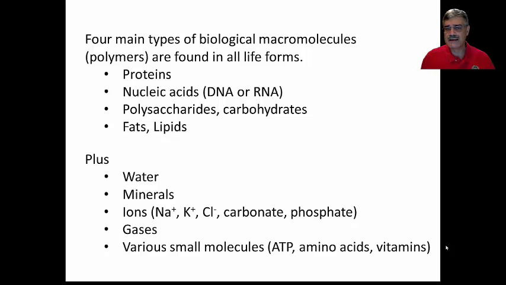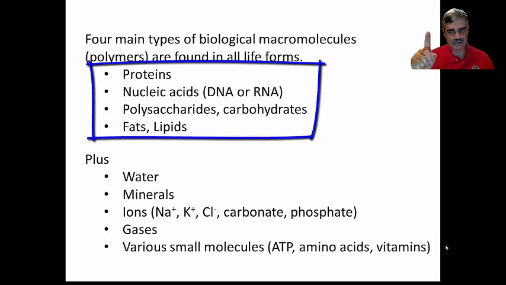Now, there are four main types of biological macromolecules that are found in all life forms. By macromolecule, we mean large molecules formed by the polymerization of different building blocks together, different monomeric groups together to form polymers. We've talked about polymers before. But these four main types of biological macromolecules are proteins, which we'll talk about in this lesson, nucleic acids, including DNA and RNA, which we've already talked about, and we won't include too much about DNA and RNA in this chapter.